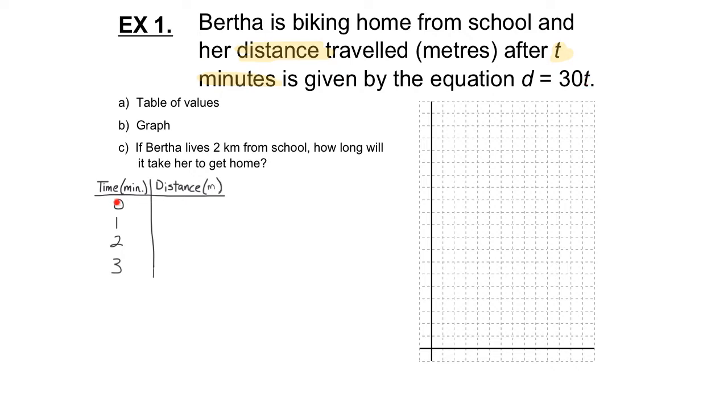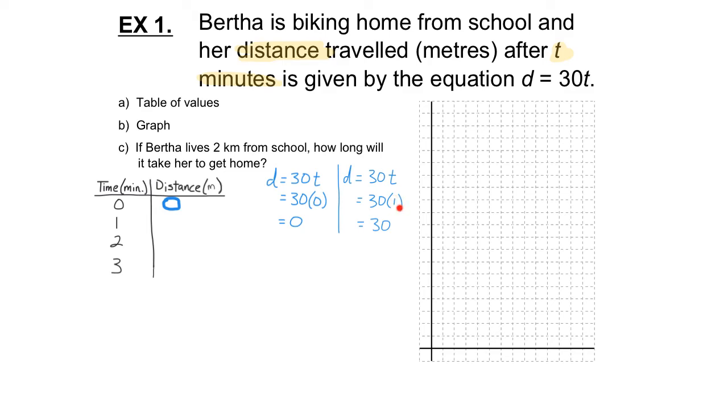So for my first entry in my table of values, time is 0. So I can use my equation, substitute in my value for t, and multiply to get my answer for d. So when the time is 0, my distance is 0. I can do the same thing when time is 1 minute.